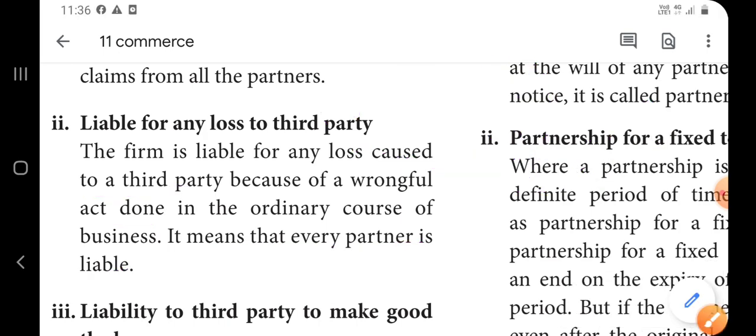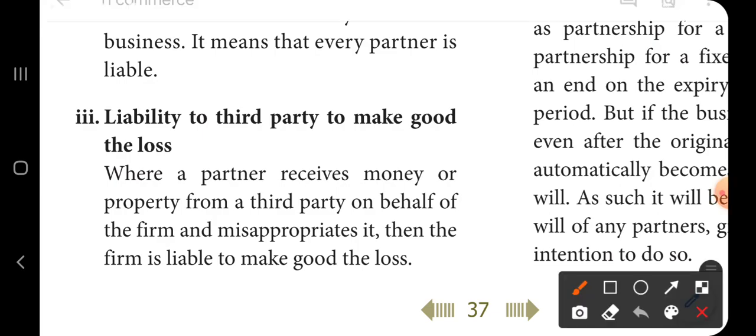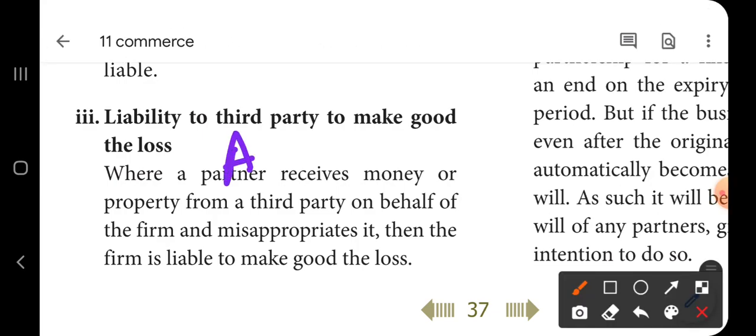Next one, liable to third party to make good the loss, meaning if the company ABC has received some money from D, or a big machinery they have hired for the purpose of the business. And because of some misuse of the machinery, some damage has been caused, and the cost of machinery is very high, a very huge amount.